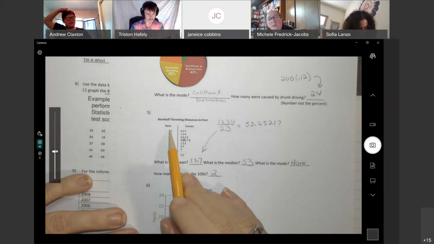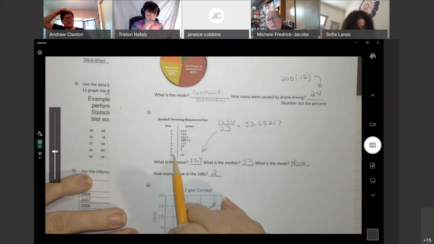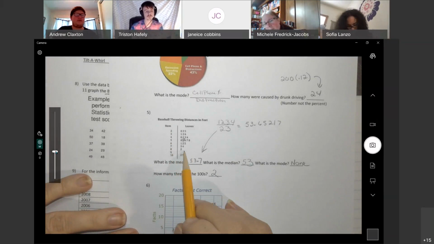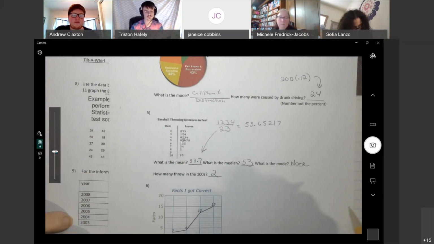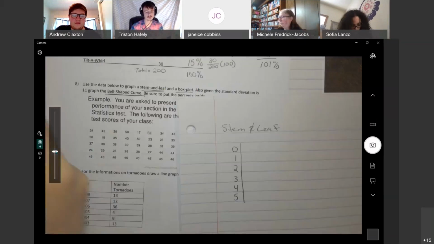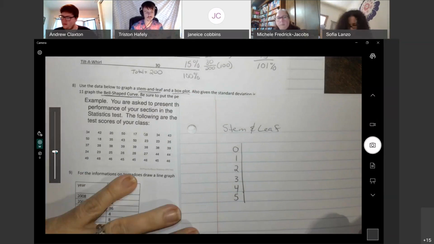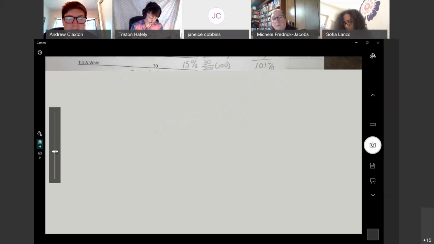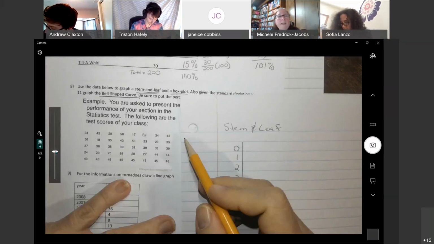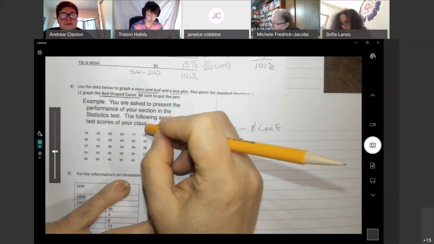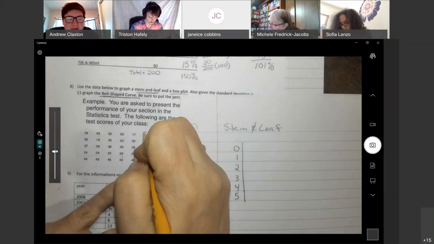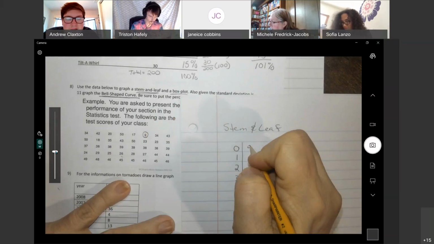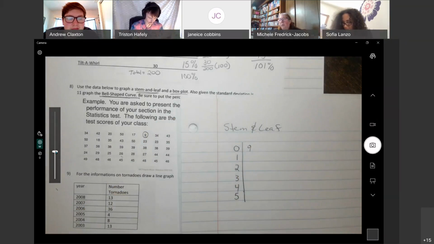So once you start, you keep going till you're at your last one, even if there's one with none in it. So if we look at our data, the tens position, there's only one, it's a 9. This one right here. So from 0 up through 9, there's only one.